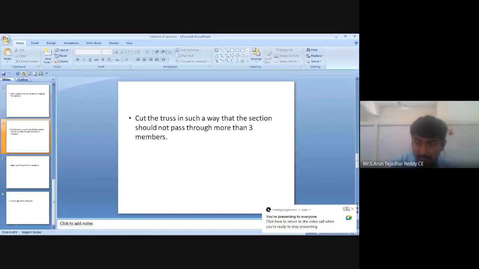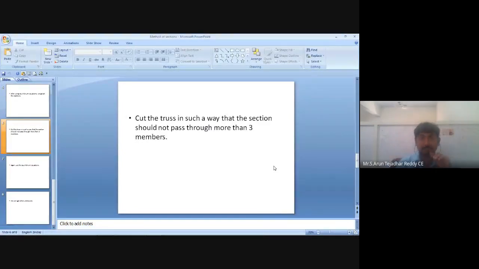Next, this is the important method of section. This point is very important. Cut the truss in such a way that it cannot pass through more than 3 members.